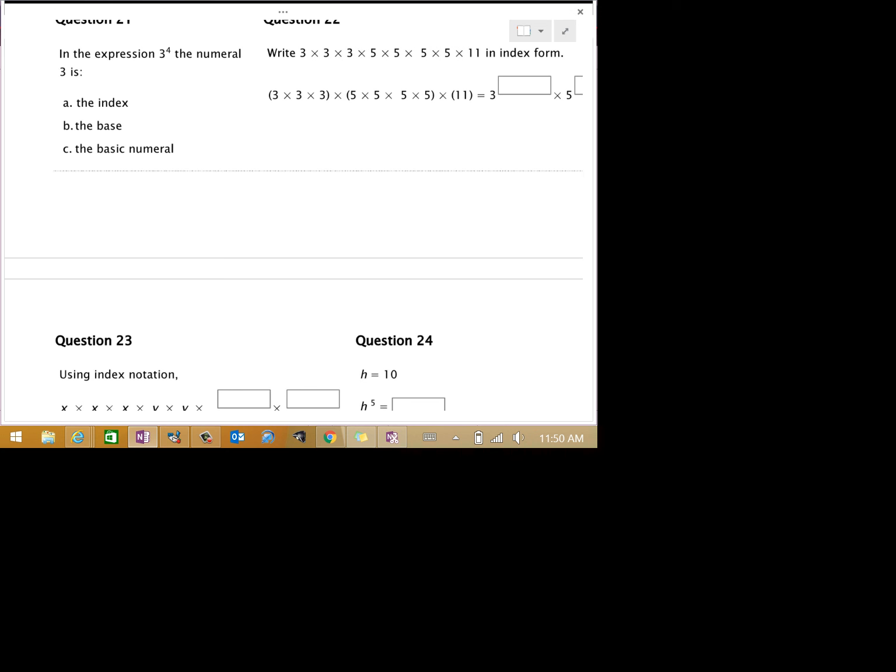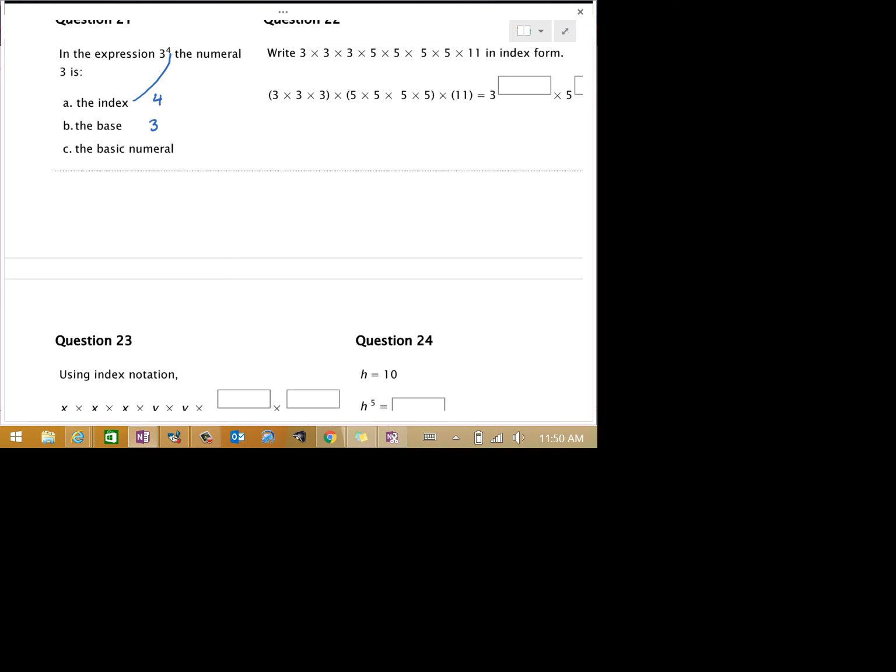What is the index? The index is 4, the base is 3, and the numeral 3 is... What if I do 3 to the power of 4?